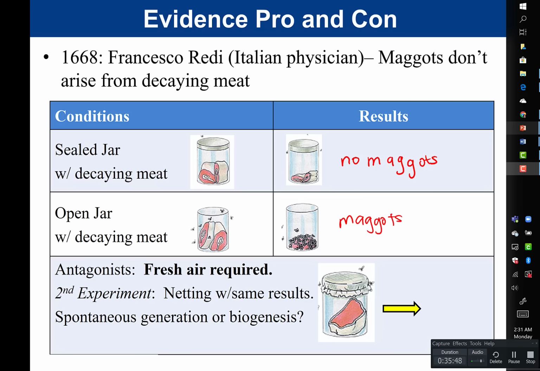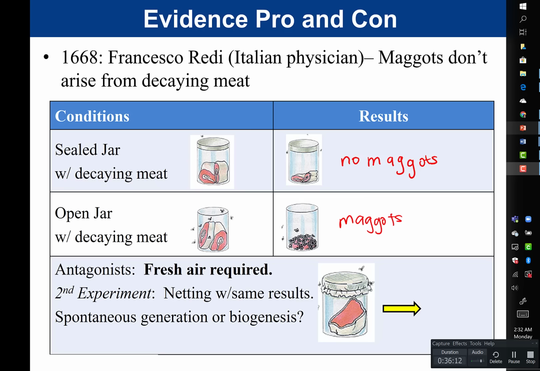So to squash that theory, he did a second experiment where instead of sealing it so no air gets in, he covered the top with a netting. So air can get in, but the flies can't get in to lay their eggs, because the maggots are the larval form of the fly.